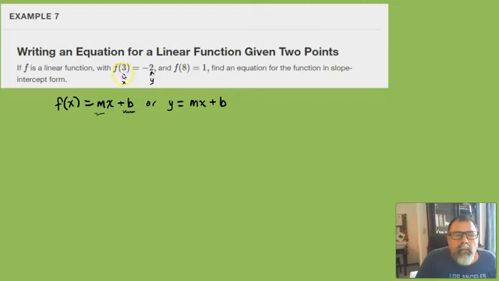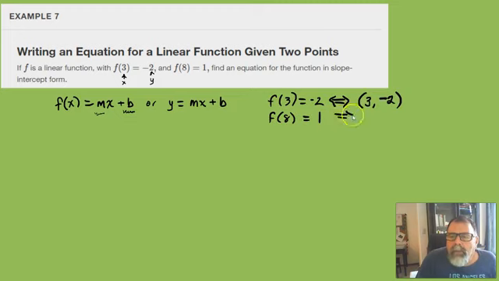So f of 3 equals -2 is the same thing as saying x is 3 when y is -2, and f of 8, our second point, is the same thing as saying x is 8 when y is 1.